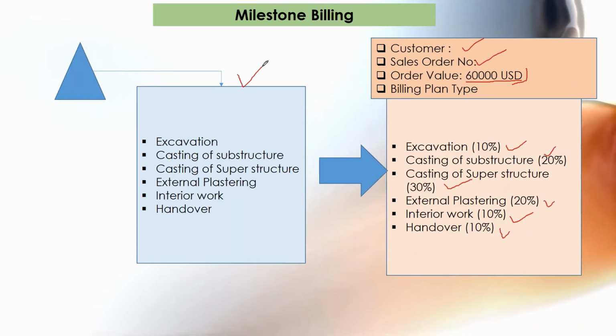Because your builder is going to maintain all the project plan and execution in the project system, they can define all these activities in the project system, in the project builder. I have taken one case here.